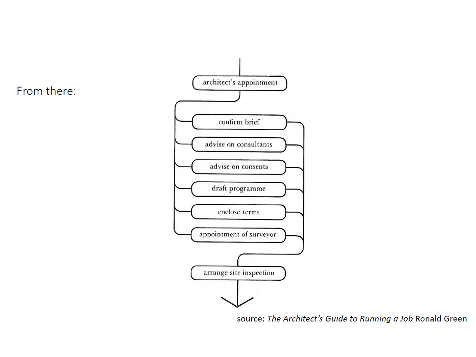From that point, we have here your architect's appointment, whereby the client has agreed that you are the right person for the job, and you've also made your commitments to take on this job for that client.